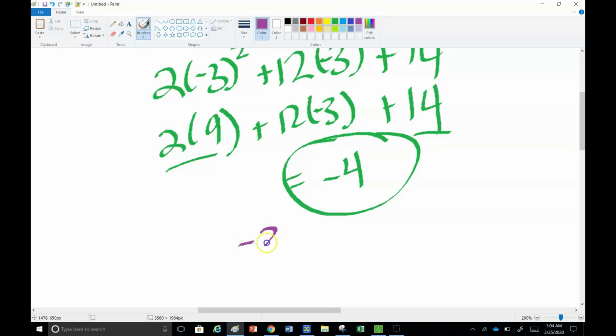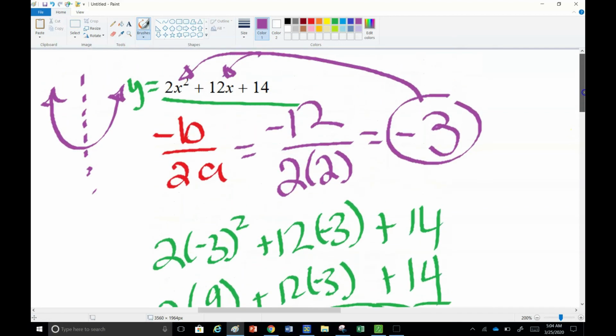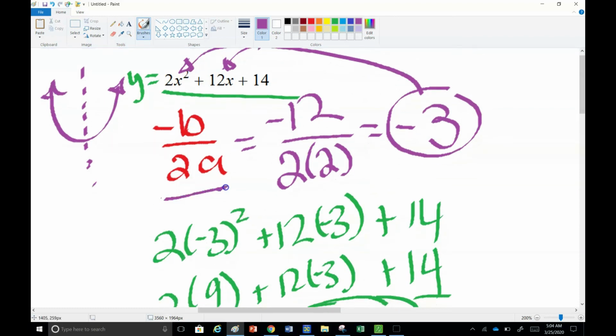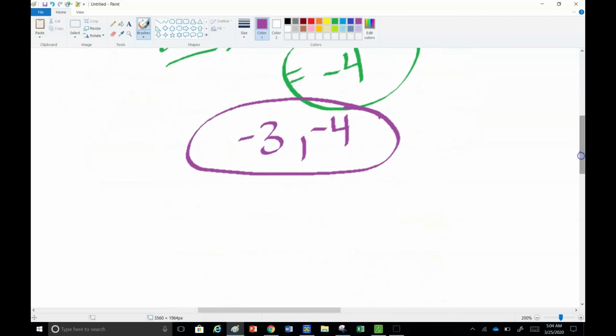I got negative 3 when I did negative b over 2a. Plug that answer in and I get negative 4. That is the y value of my vertex. That is how I find the vertex when I'm given something in standard form. I use negative b over 2a, get an answer, plug it back in to the original equation, and solve.